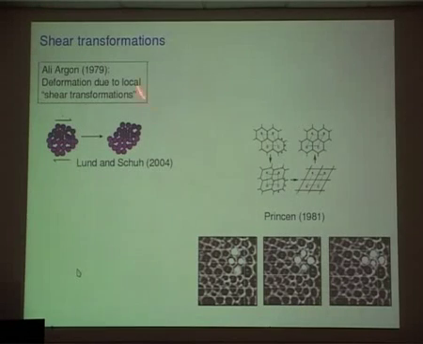And so the idea which was motivated by that: Ali Argon in the late 70s looked at a test on a bubble raft. The idea is to have a raft with bubbles floating on top of some water, and he sheared the bubbles and just looked. And from these experiments, he concluded that the deformation was just due to local shear transformation.